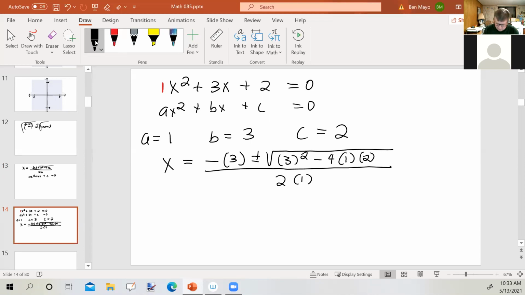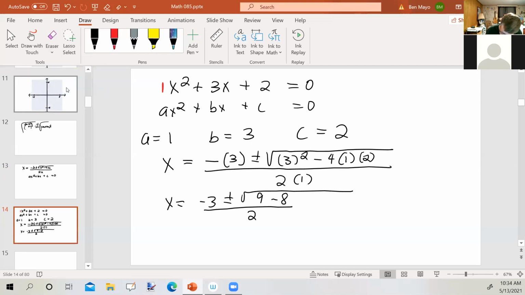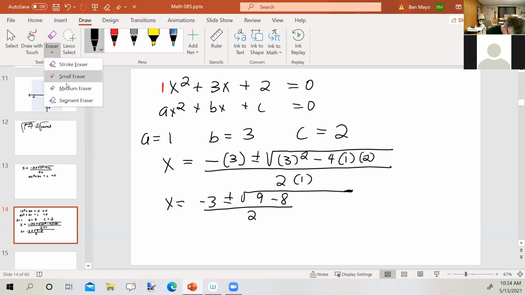Now it's a matter of simplifying the arithmetic. So x equals negative 3 plus or minus the square root of 3 squared is 9 minus 4 times 1 times 2 is 8, all over 2 times 1, or 2.